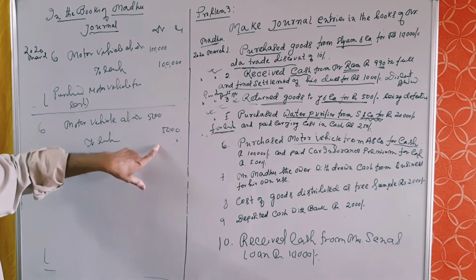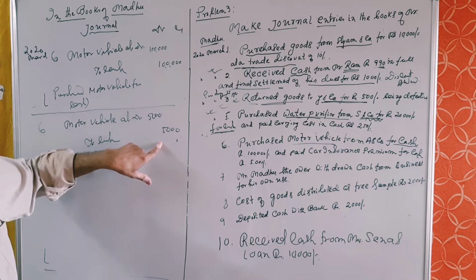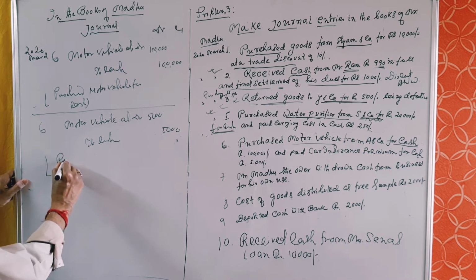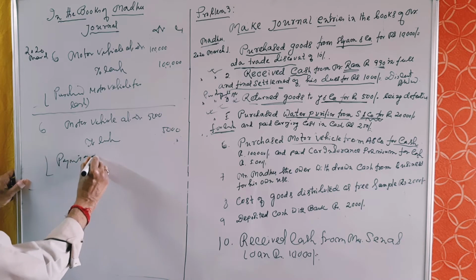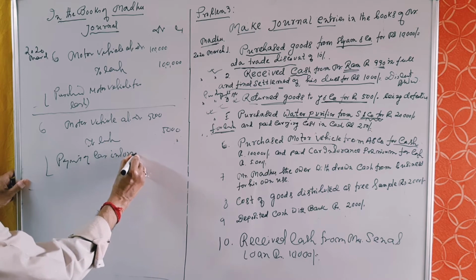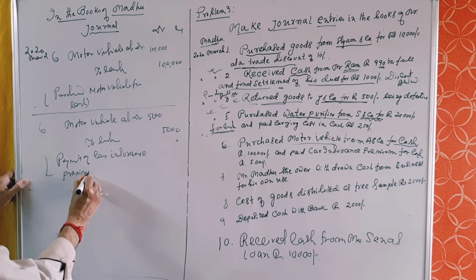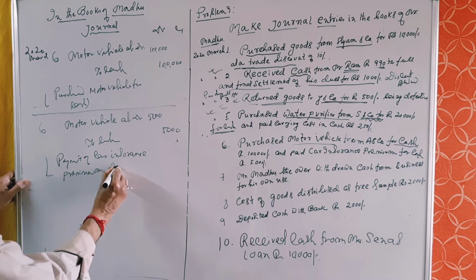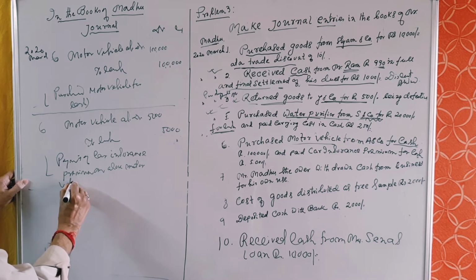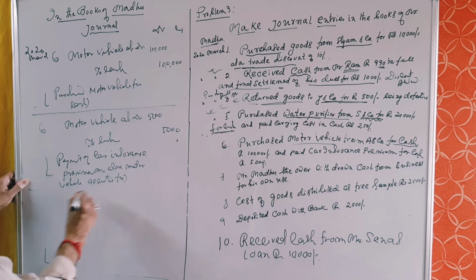It comes to 1,05,000 before it is put on the road. This we call on-road cost. The narration is payment of car insurance premium on above motor vehicle accounted for.